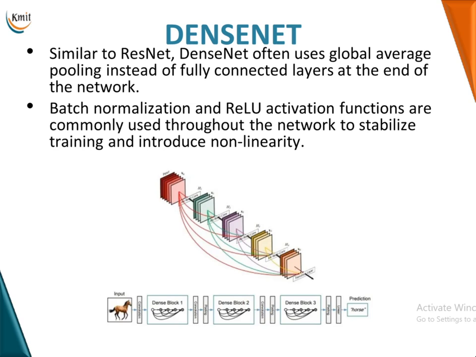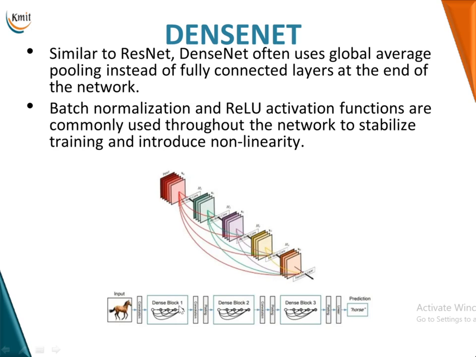So you can see here, similar to ResNet, DenseNet also uses global average pooling in place of a fully connected network at the end of the network. Also similar to it, it is going to use batch normalization to stabilize your training throughout, and the activation function that it is going to use is ReLU. Now you can see here, this is a typical DenseNet block.